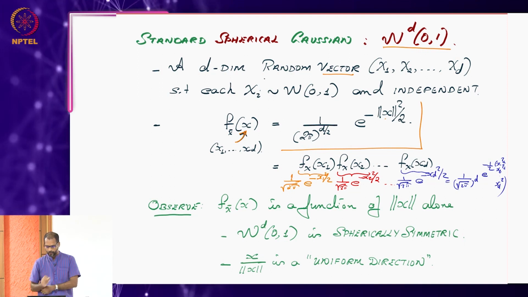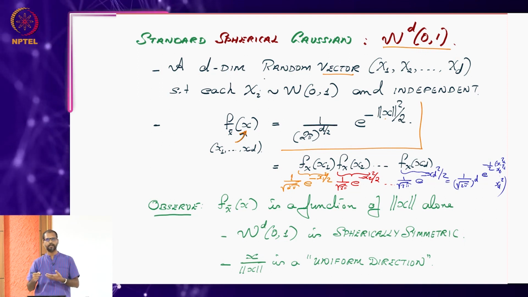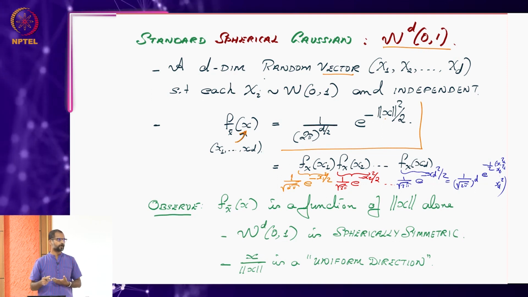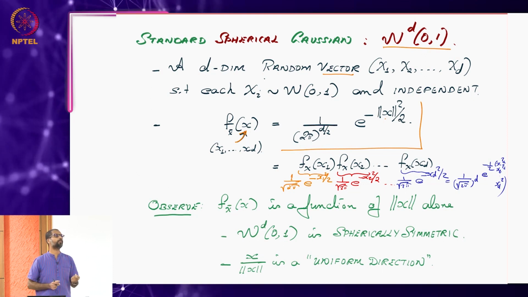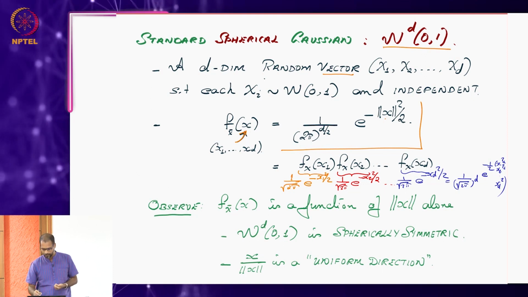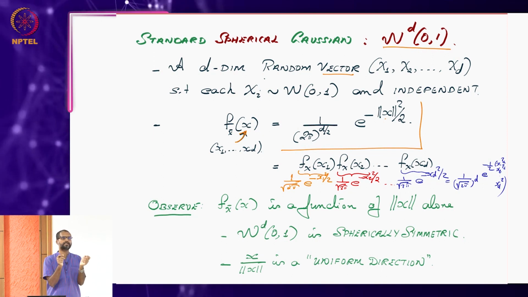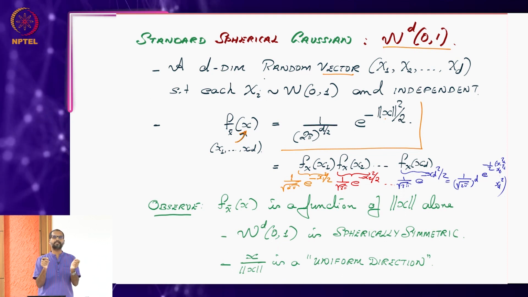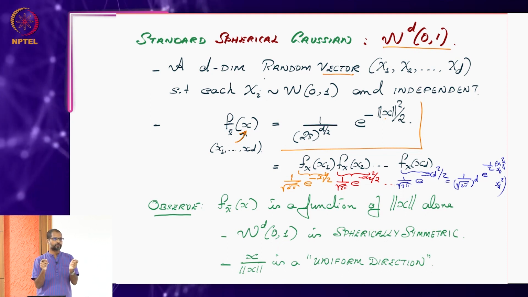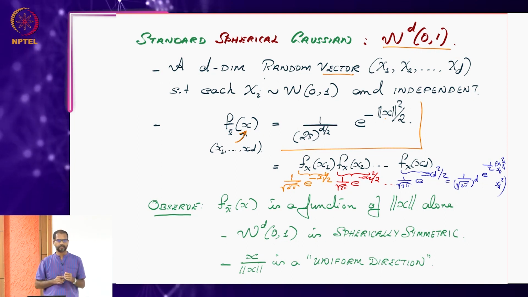So, f of x, the value depends on x1, x2, x3 up to xd, true, but the dependency is only via the norm of the vector x, right. If you think about two vectors with the same norm, the density is going to be the same there. So, let's do this imagination in 2D.